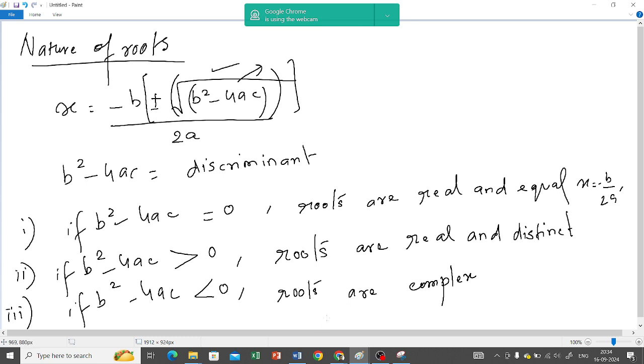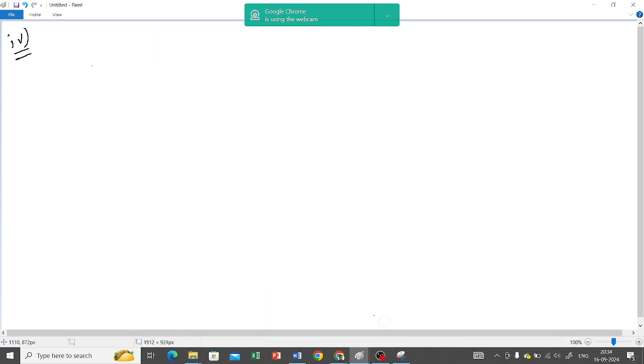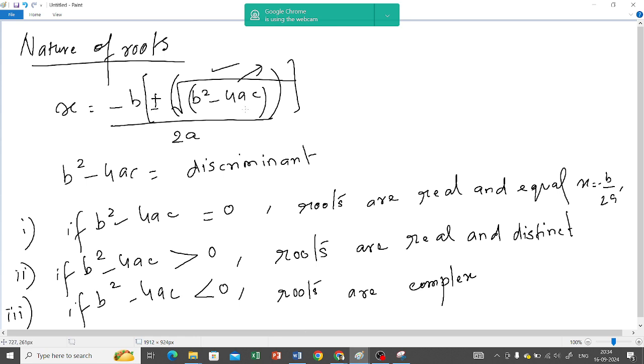All right, now if b square minus 4ac is a perfect square, then what will happen? The square root will be an integer.